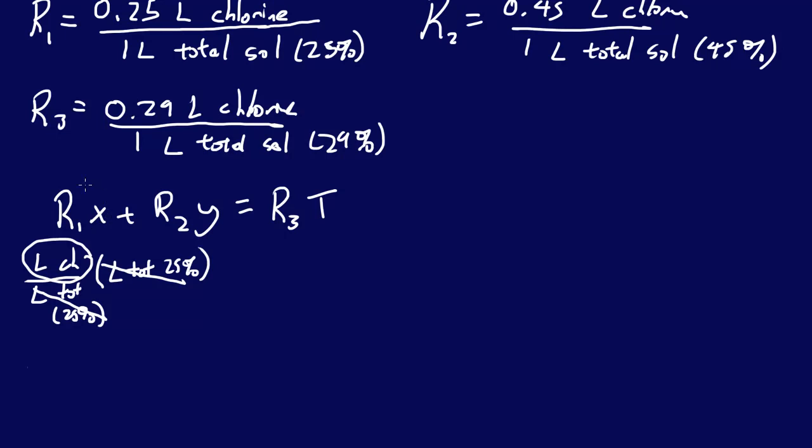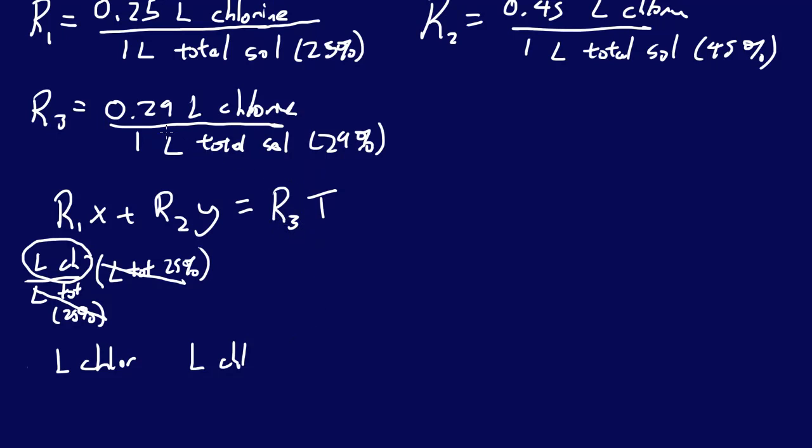So that means this term represents the amount of chlorine that you had poured in based on that total amount of solution that you poured in, because obviously only 25% of it is going to be chlorine. And so the same thing would be true here. You'd have liters of chlorine per liters of total solution, which happens to be 45%, and you'd be left with liters of chlorine.